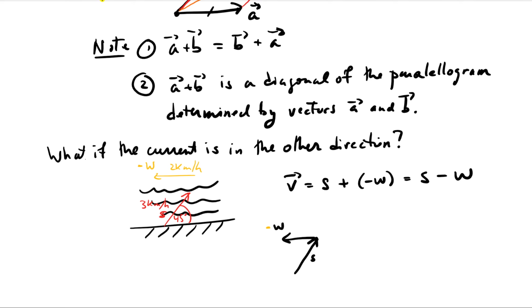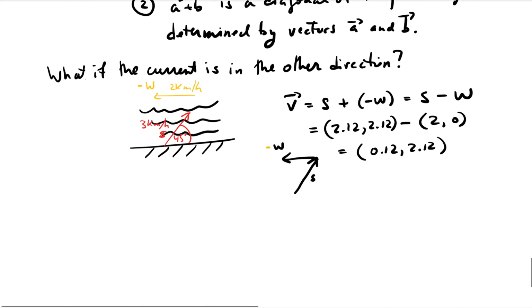And it's not too hard to see that to get the coordinates of V, we're going to take the coordinates of S. Well, now we're going to subtract the coordinates of W, and then we're going to get 0.12, 2.12. Okay, in this case. And then from this we could recover the angle and the magnitude of the speed at which the swimmer is swimming with respect to shore.